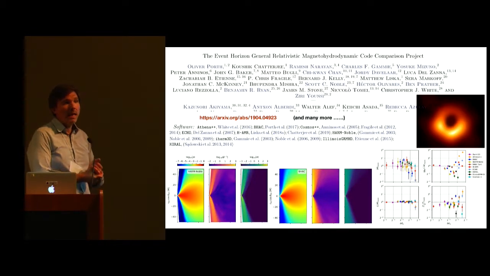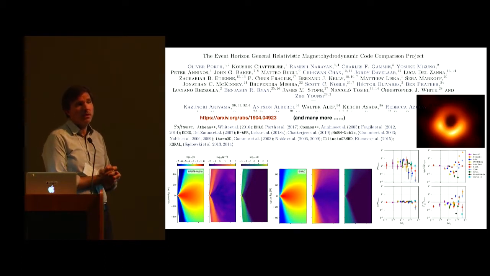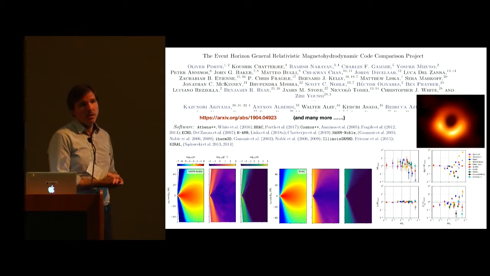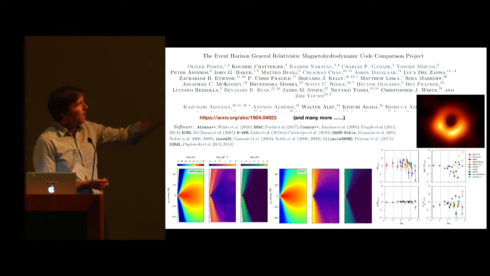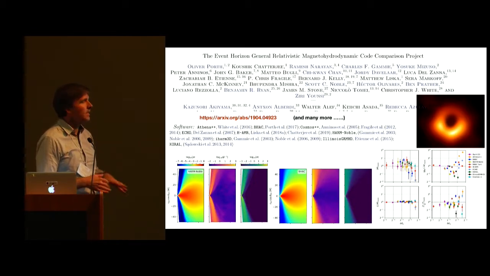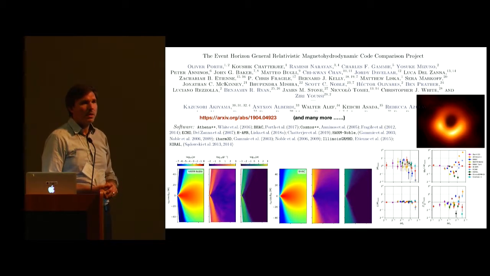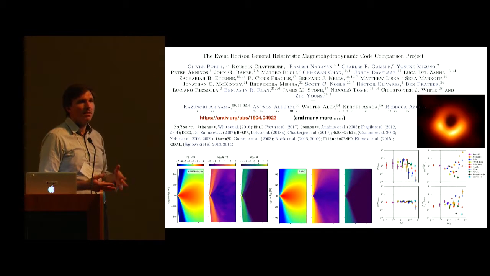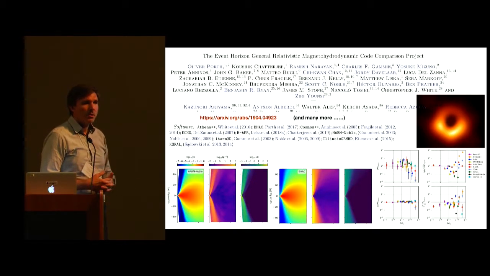I just want to say that we also participated in the Event Horizon Telescope Code Comparison Project. And the first image of a black hole was made, and the modeling team that went into that wanted to see what the systematic error of these simulated images is.